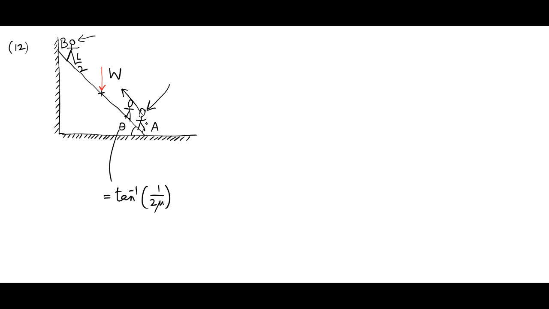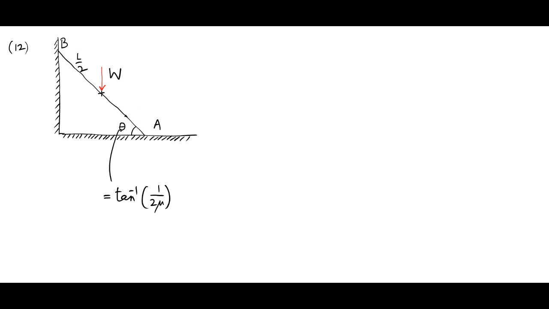The ladder is more likely to slide when the person is near the top. The ladder is less likely to slide when the person is at the bottom rather than when he is at the top. So even if your intuition doesn't tell you this, it doesn't matter. The question itself implies that beyond a certain distance, the ladder is going to slip, because we have to find the maximum distance the man can ascend without disturbing the equilibrium.